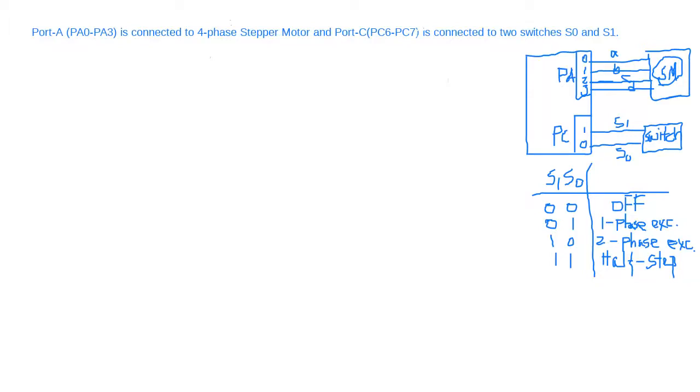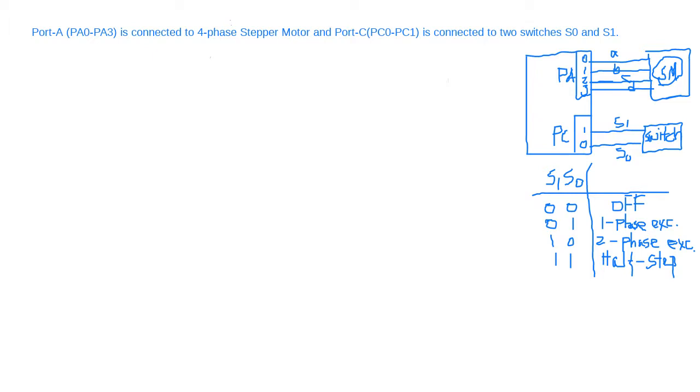So what is it now? Port A 0 to 3 pins are connected to the 4-phase stepper motor, and port C, PC0 and PC1, are connected to two switches S0 and S1.